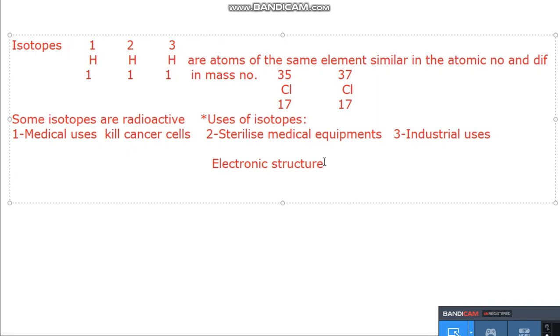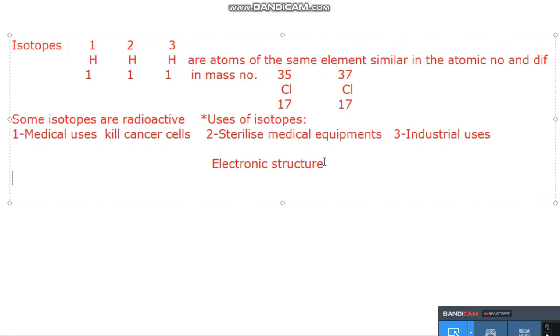The atomic number is the lowest and the mass number is the largest. The atomic number is the number of electrons or protons. In this lesson, we will talk about electronic configuration, how to distribute the electrons on the energy levels.